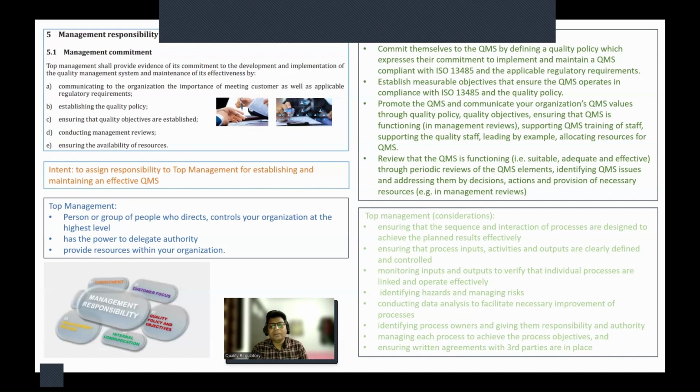Identifying process owners and giving them responsibility and authority. They have to identify the particular owner so that responsibility can be given, and authority too, like who will drive this activity. Responsibility is like, I have to do this task, so that is my responsibility. But whether I have authority to take decisions comes from the authority.